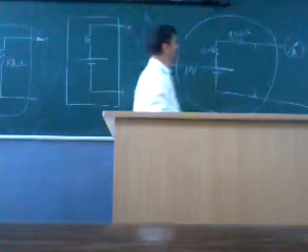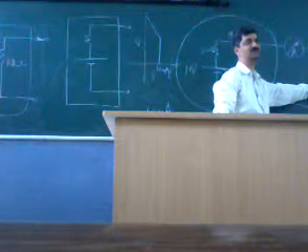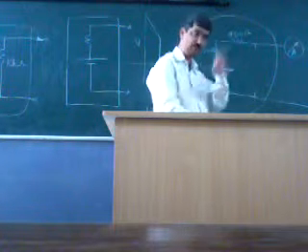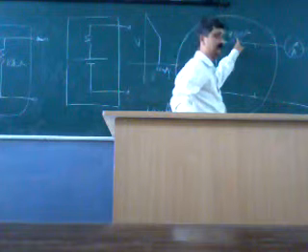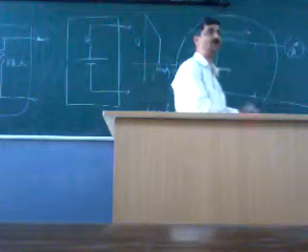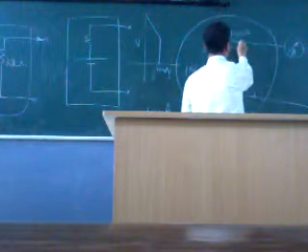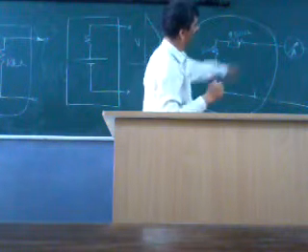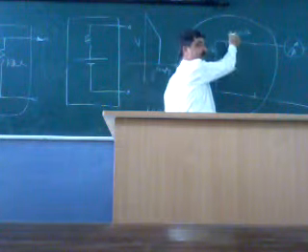Suppose this is made 5 ohms. So what are you supposed to do? How much current will flow? The current will reduce. This is a potentiometer of maximum 950. So the moment you see that the current falls below 10, you will reduce it.